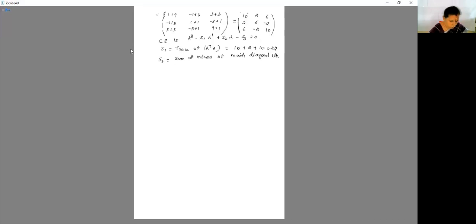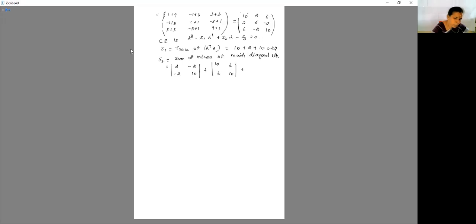All these we studied in the previous chapter, and now we are utilizing all those. The minor of the first diagonal element 10 will be [2, -2; -2, 10]. The minor of diagonal element 2, deleting the second row and second column, we have [10, 6; 6, 10].